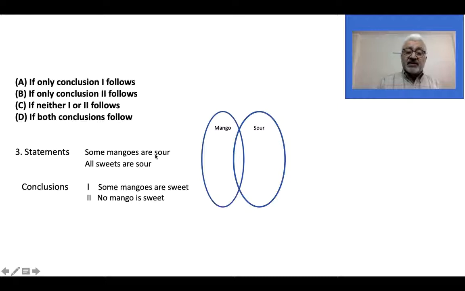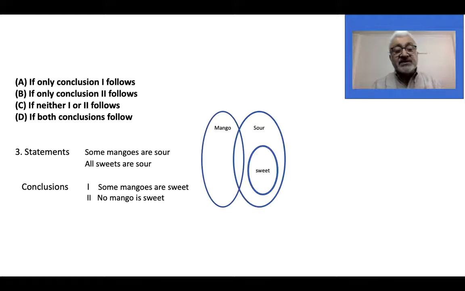Some mangoes are sour. Then it says all sweets are sour. So sweets are supposed to be inside sour. So will this be a true representation of the diagram of these two statements given to us? Answer is yes. All right. So here now we have to find out the truthfulness of the conclusions.